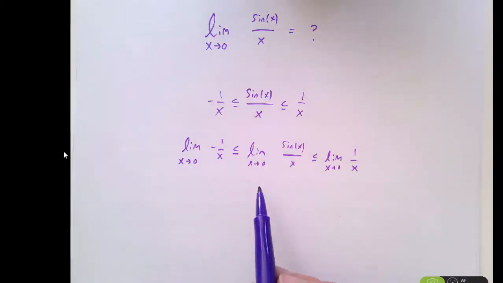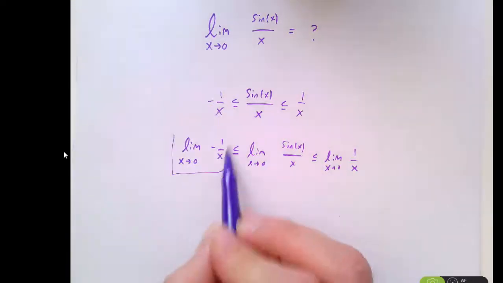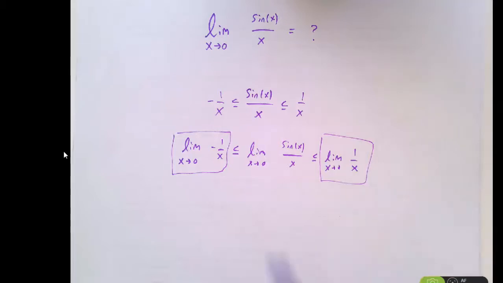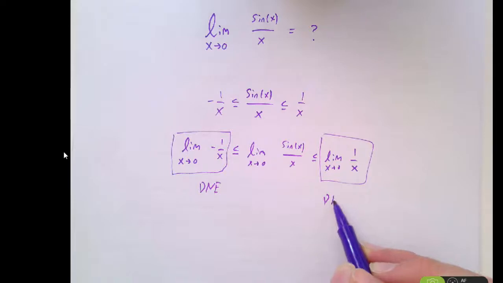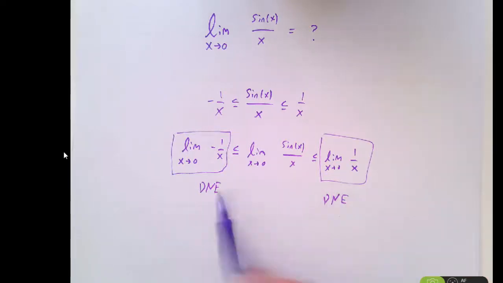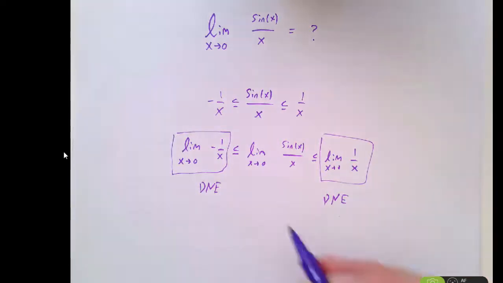Even though it's sandwiched, this doesn't really help us because these two limits aren't defined. As x approaches 0 from the left-hand side, you get a different value than when x approaches 0 from the right-hand side. So because these two limits don't exist, you can't sandwich a limit between two non-existent limits. So that approach has just failed entirely.